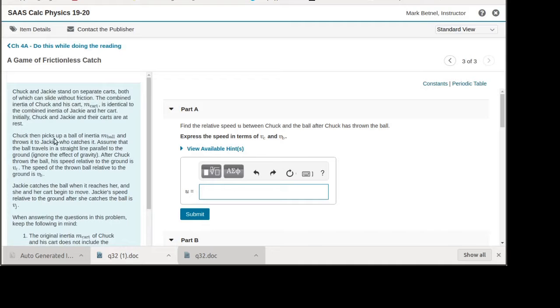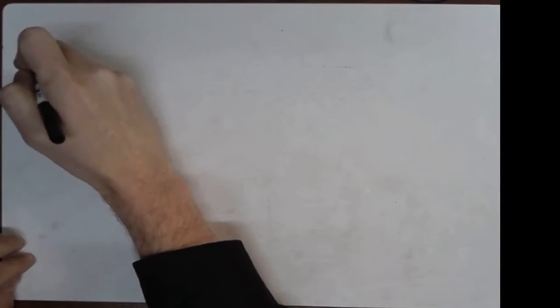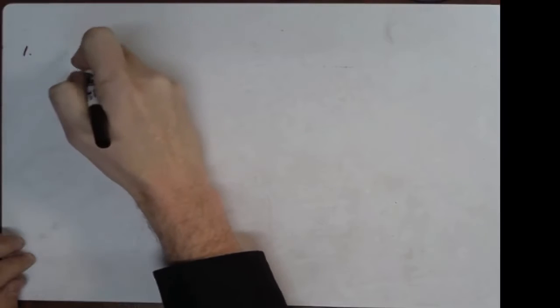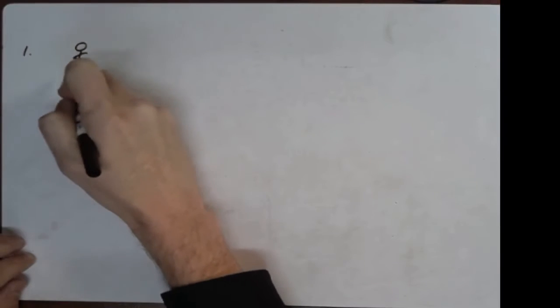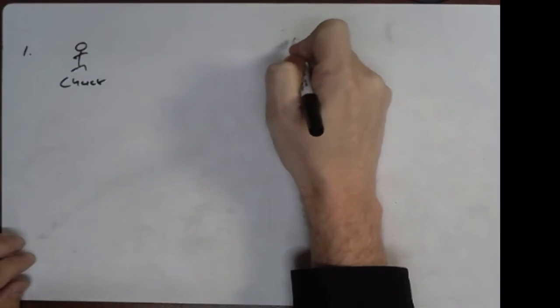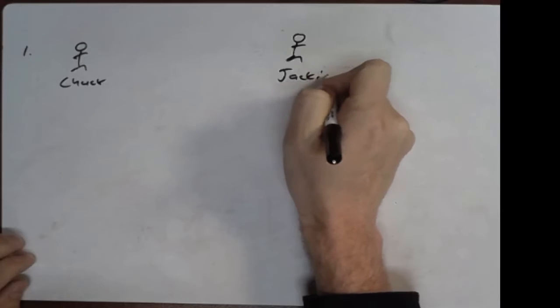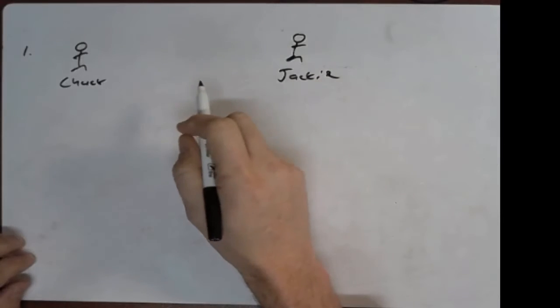But first, before I do that, I'm going to draw out this situation just to be a little bit clear about what's going on. So at the beginning, we have Chuck, and we have Jackie over here. And they're both sitting on carts that are frictionless.